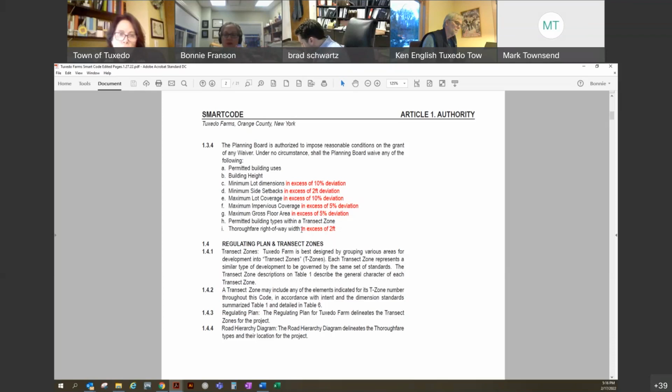So if it was a small private lane with 10 houses off of it, that right-of-way width and that pavement width could be less than, let's say, a spine road that was going to carry a higher volume of traffic. And the roadway hierarchy also had requirements for whether you were allowed on-street parking, whether you had to have sidewalks. It's a whole streetscape program.